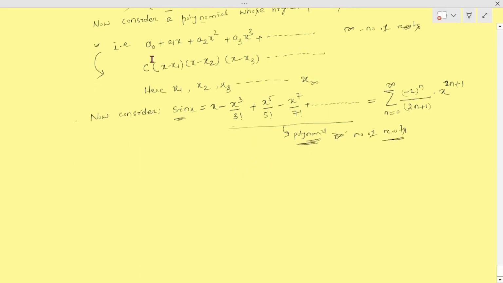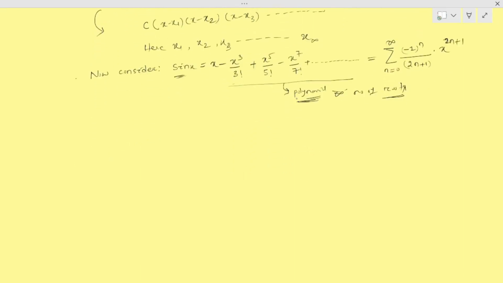Hence, as we discussed previously, this sin x can be written as a product of infinite terms. That implies sin x can be written as c into x minus x1 into x minus x2 into x minus x3 and so on.